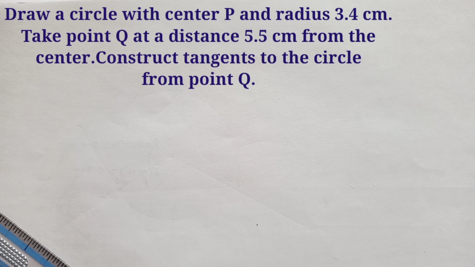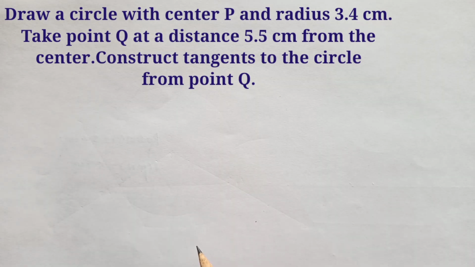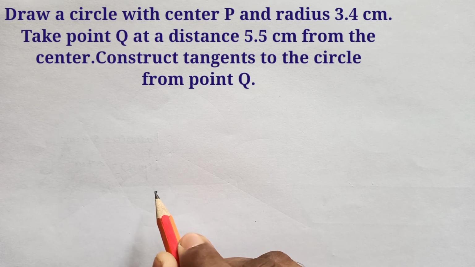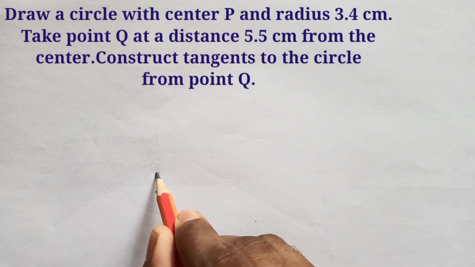Construct tangents to the circle from the point Q. So this is the question. Mind well, the center of the circle is P. So let's take the center of the circle P first of all. This is the point P, which is the center of a circle.